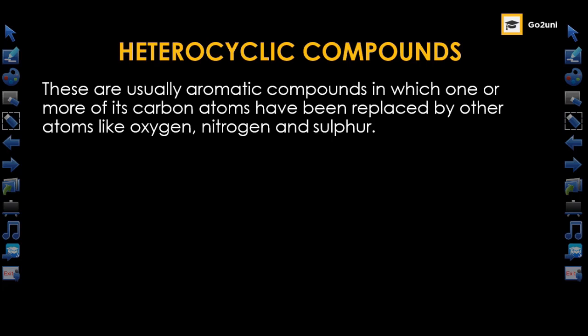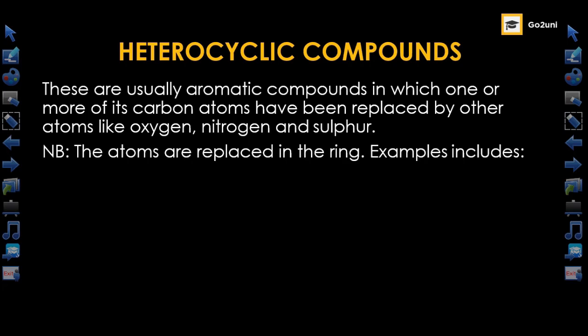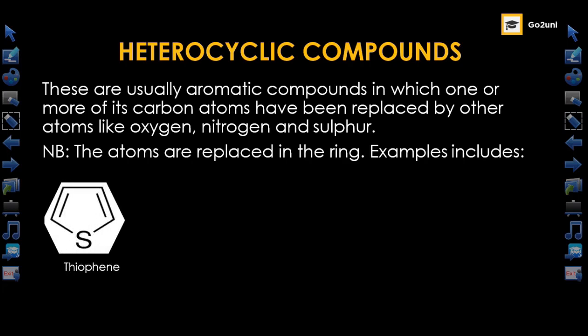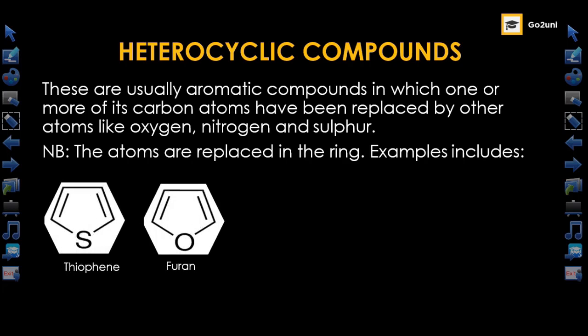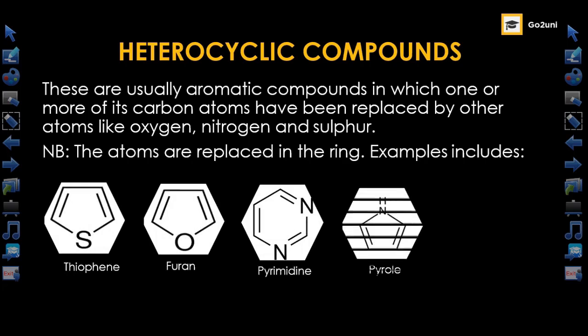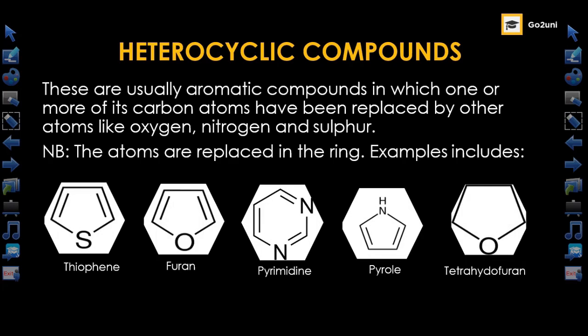So in a ringed organic compound where one of its carbon atoms has been replaced by another element, such a compound is said to be heterocyclic. It is no longer a homocyclic, but a heterocyclic compound.